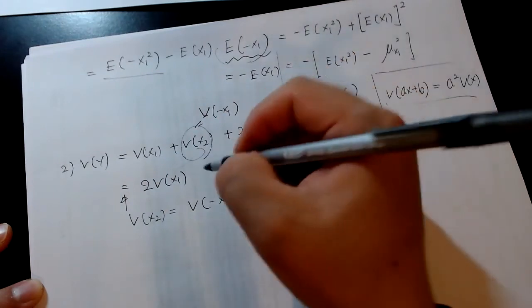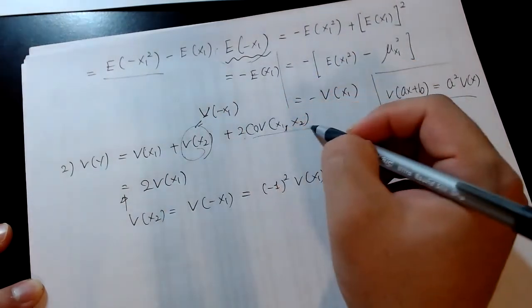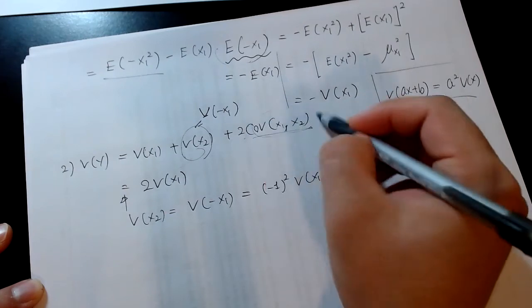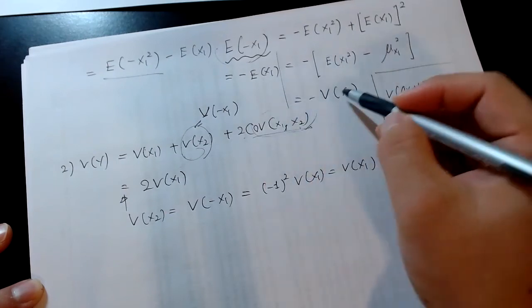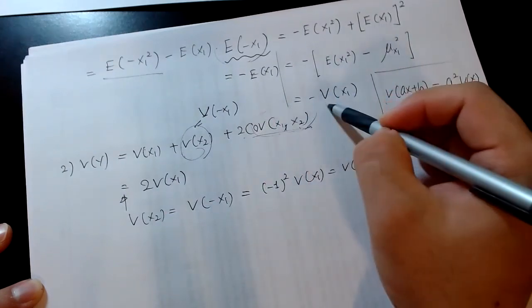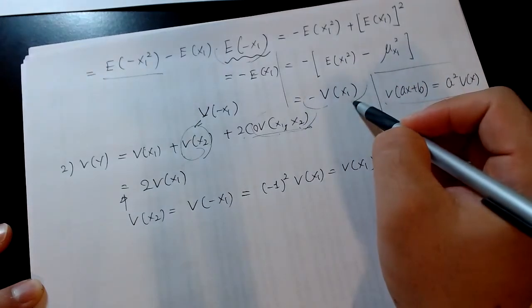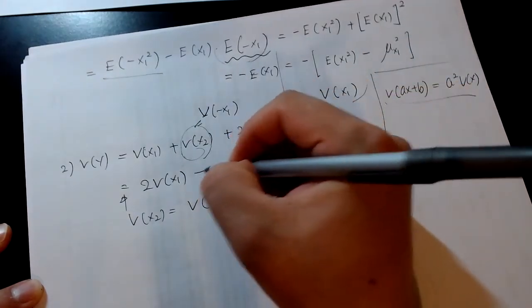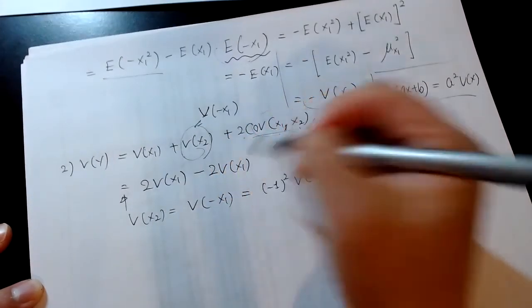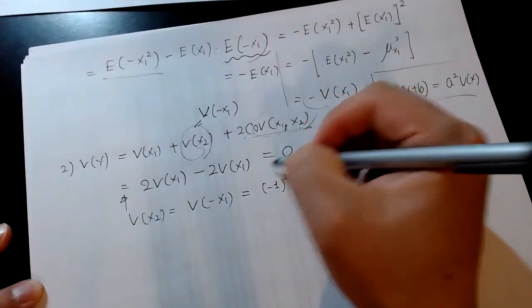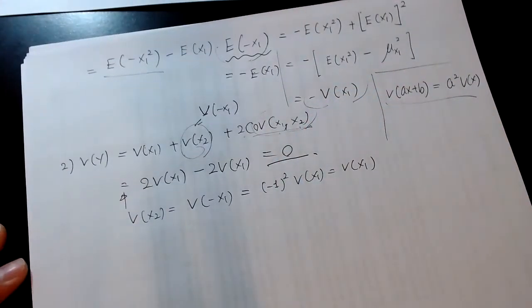And then plus 2 times covariance of x1 comma x2. We just figured out this one, which is negative variance of x1. So we're going to get negative 2 times variance of x1, which is 0.